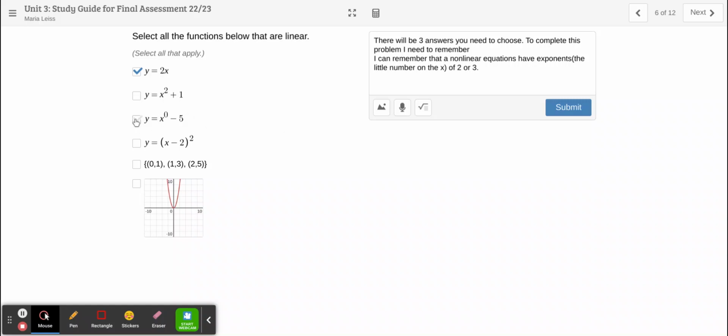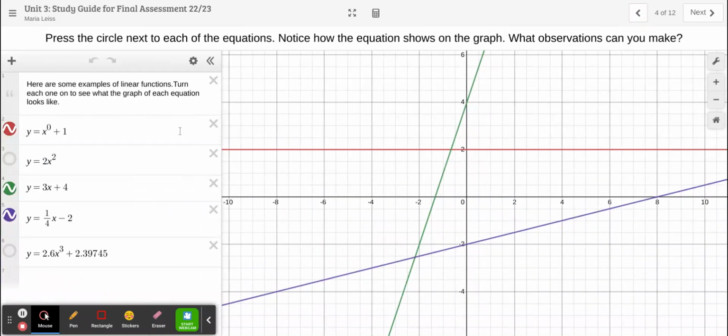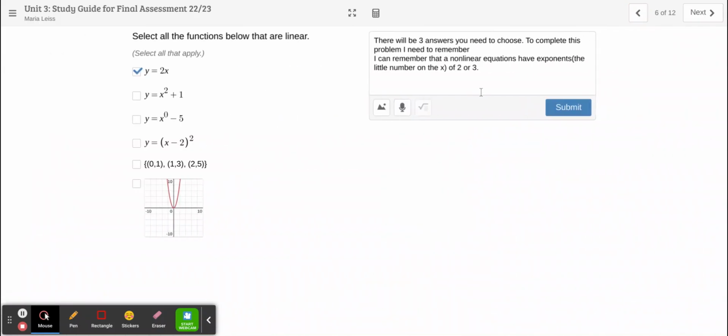Does this have an exponent of 2 or 3? No. If you get stuck, go back to slide 4.0, yep, that red line was linear. So that one's getting checked. This one, exponent of 2, not going to be linear. This picture, the line is curved, right? So it's nonlinear.